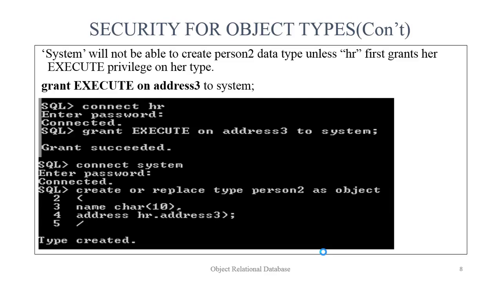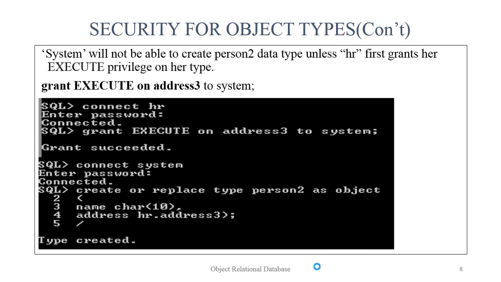System will not be able to create person 2 data type unless HR first grants them execute privilege on her type. In this example, HR is granting execute privilege on its type address 3 to system.